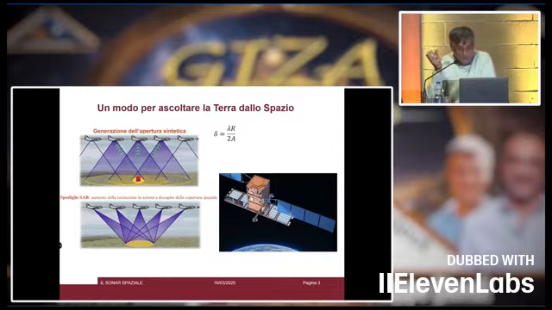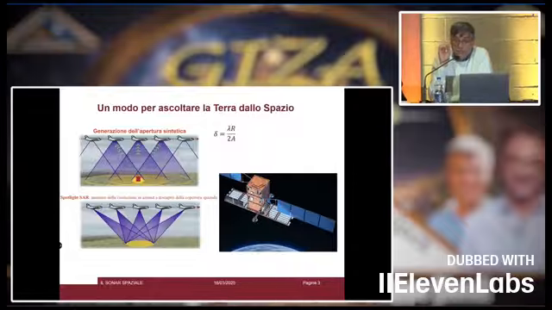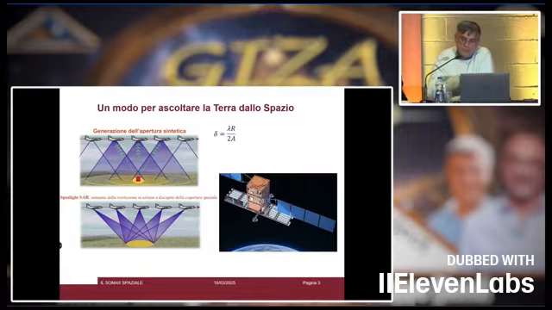So it took a long time. Some gentlemen had to invent special valves called magnetrons, which had the specific function of generating coherent radio frequency energy, and then this energy also needed to be high power.